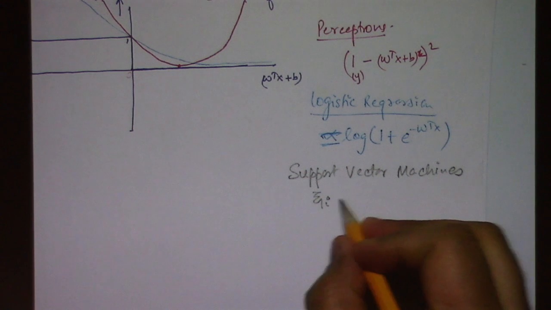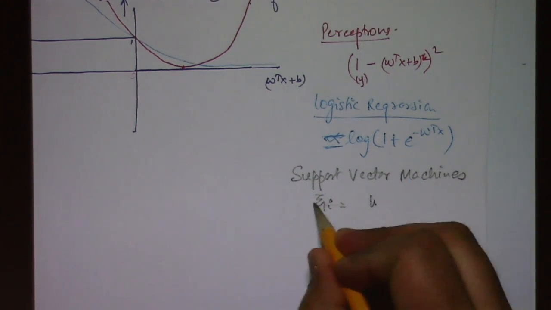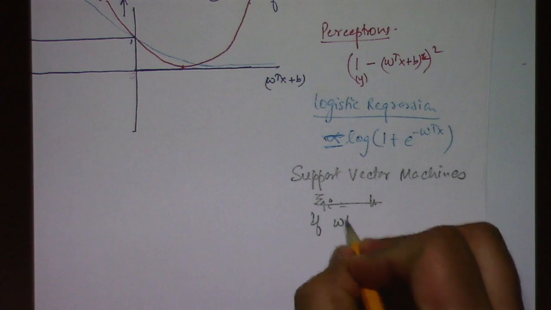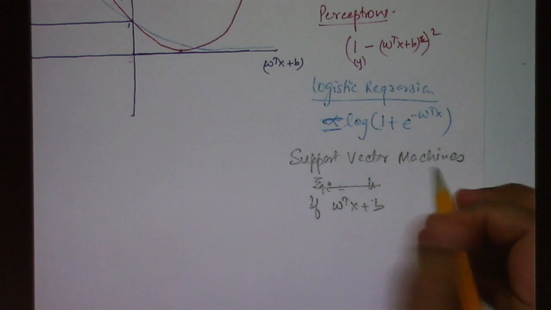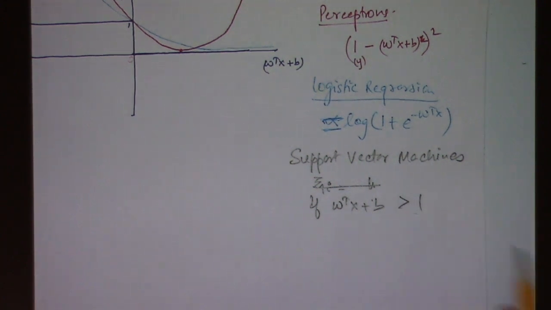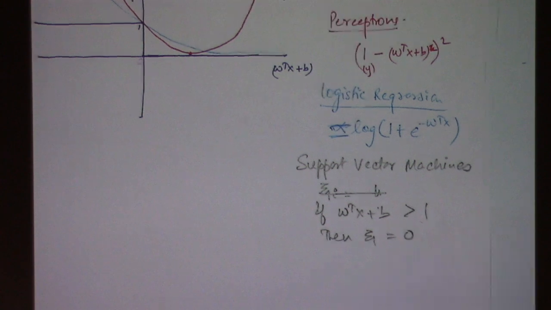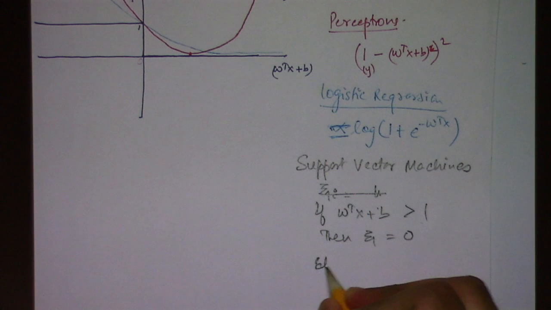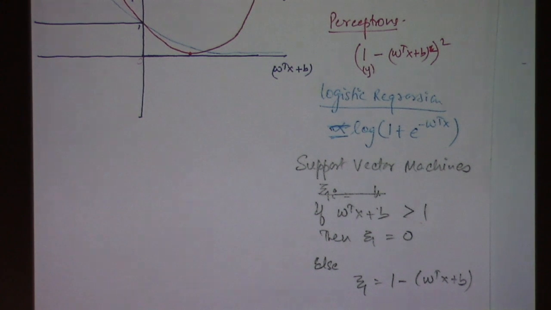So if W transpose X plus B is greater than 1 for a positive example, then this loss is actually 0, right? We don't admit any loss. Else the loss is 1 minus W transpose X plus B. That's how far you are from the margin on the wrong side, right?